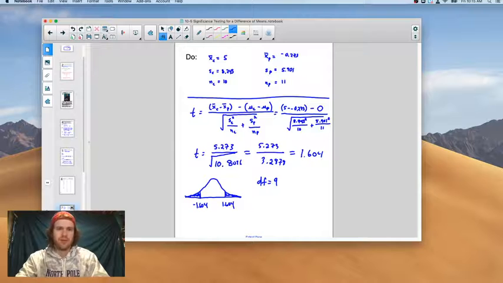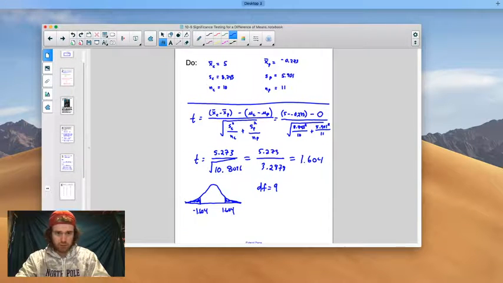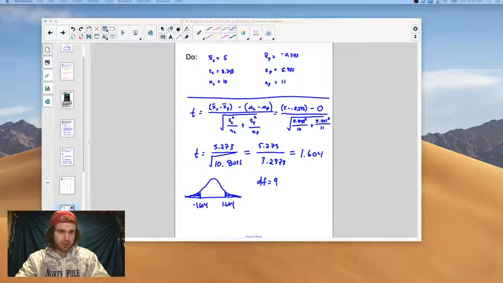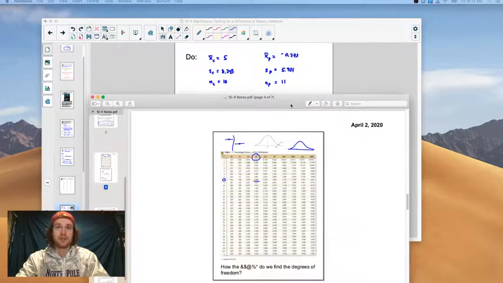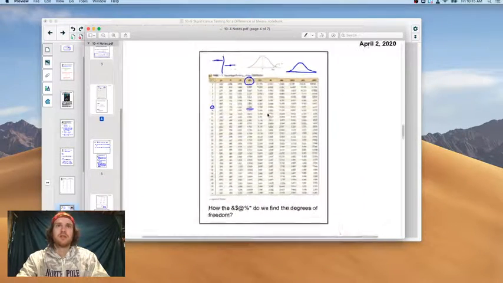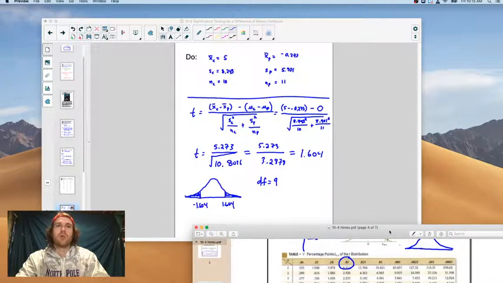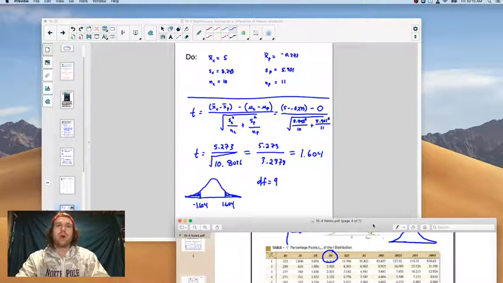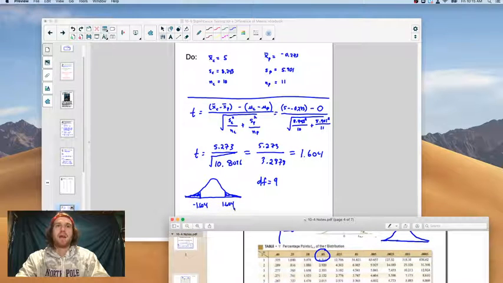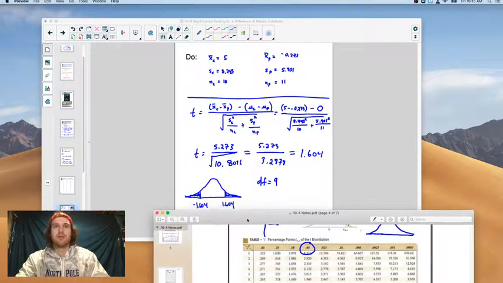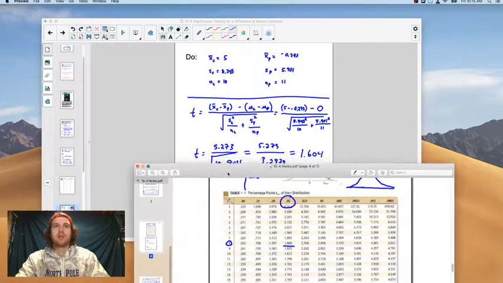Although I don't have the table pulled up right in front of me, I can pull up the one from the last lesson here. Let's take a look at this. See if it'll allow us to zoom in. This is kind of tricky. So how do we use the table here? We want to use the degrees of freedom 9 row, and we want to find the area underneath. You just do one side and then double it for a two-sided test. So ignore the 8.